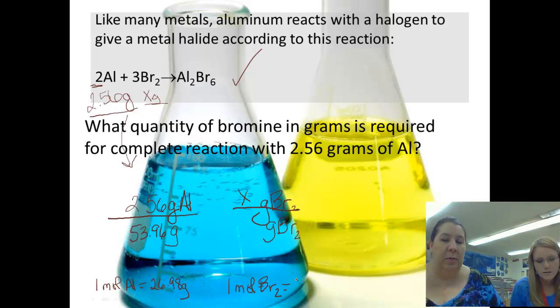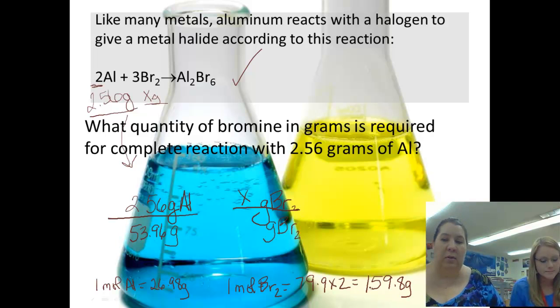You got that because you took 79.9 and multiplied it by 2, right? Right, because 1 bromine is 79.9. Since there's a little 2 there, we've got to double it. So that's 159.8. Okay, now that's 1 mole.